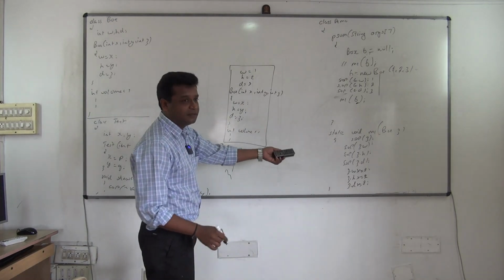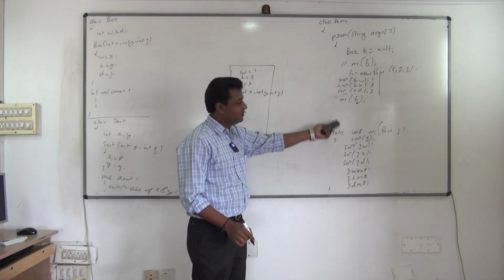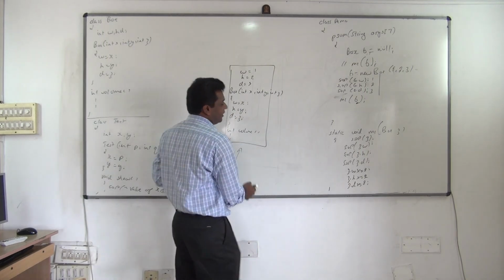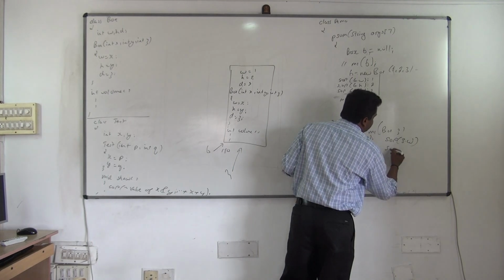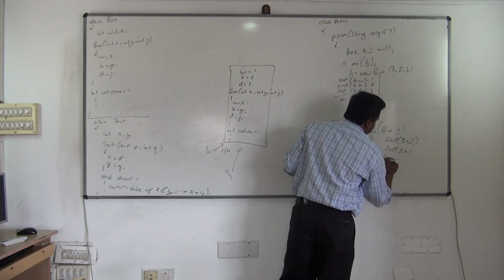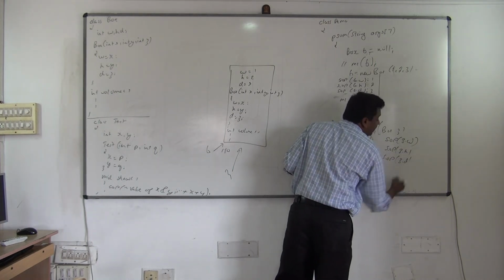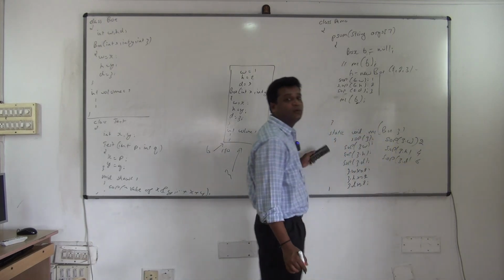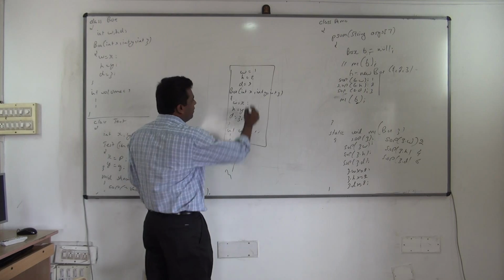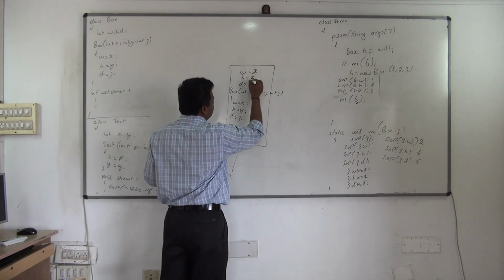When you print, it was printing 1, 2, 3. When you send it and modify, and here you print SOP z.w, z.h, z.d, it will print 2, 4, 6. 1 into 2 is 2. So now if you modify here, it is changed here.